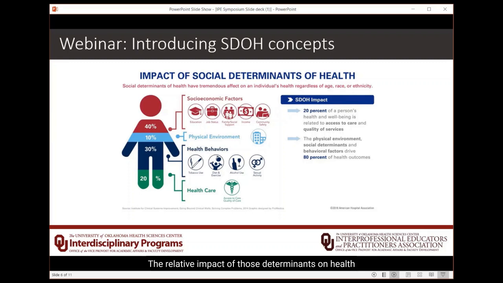The relative impact of those determinants on health outcomes for individuals and communities was addressed as well, recognizing that only 20% of health outcomes are related to a patient or community's access to the healthcare system or the quality of services they receive, while a whopping 80% of those outcomes are related to things like the physical environment, behavioral factors, and other social determinants as depicted on the slide.